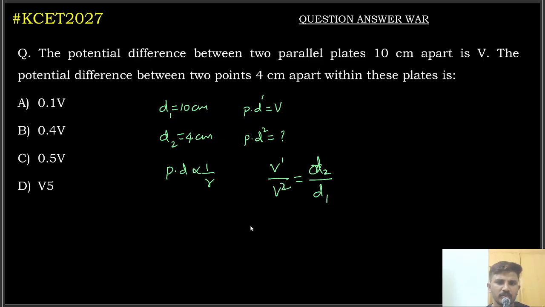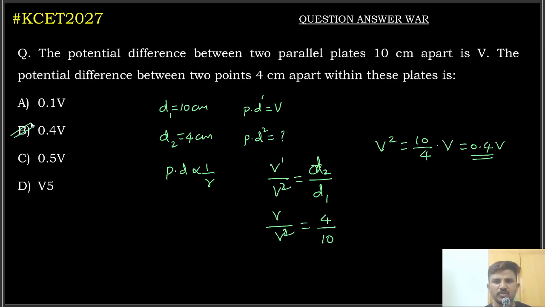So V1 is V, and V2, or V dash, is equal to D2, which is 4, divided by D1, which is 10 centimeter. So V2 is equal to 10 divided by 4 into V, that is 0.4 volt. That is option B is correct. It is V2, not V square.